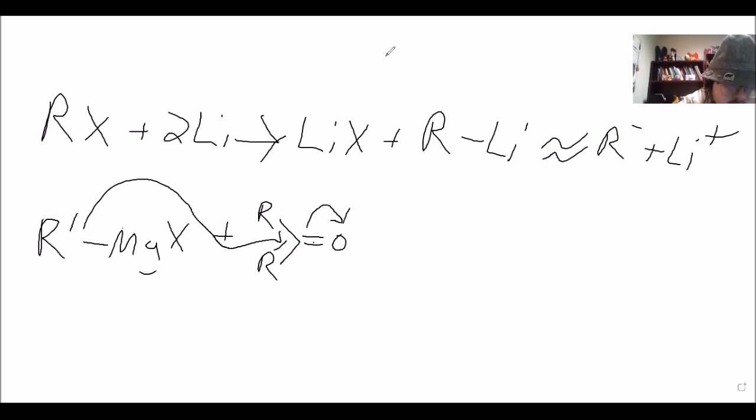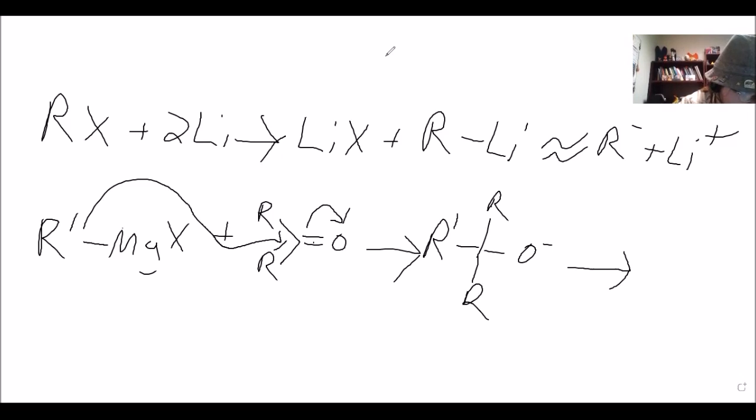And these lone pairs are going to be kicked up. We're going to form this intermediate, R', R, O minus.